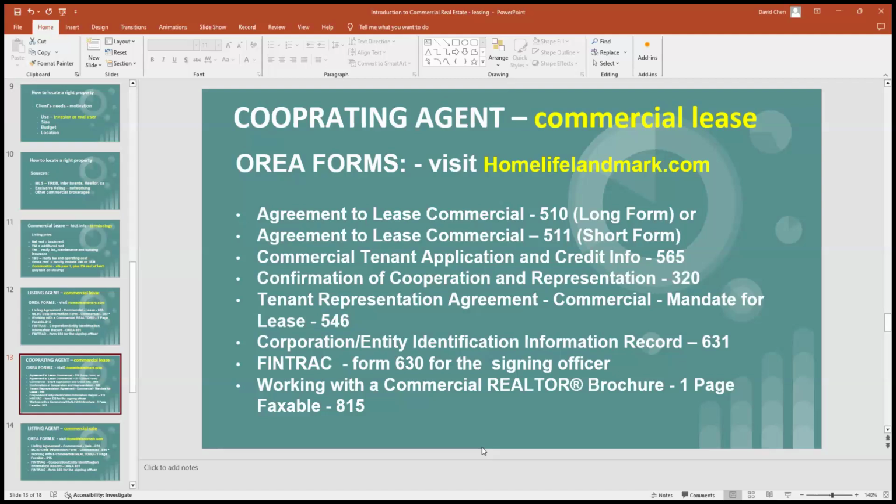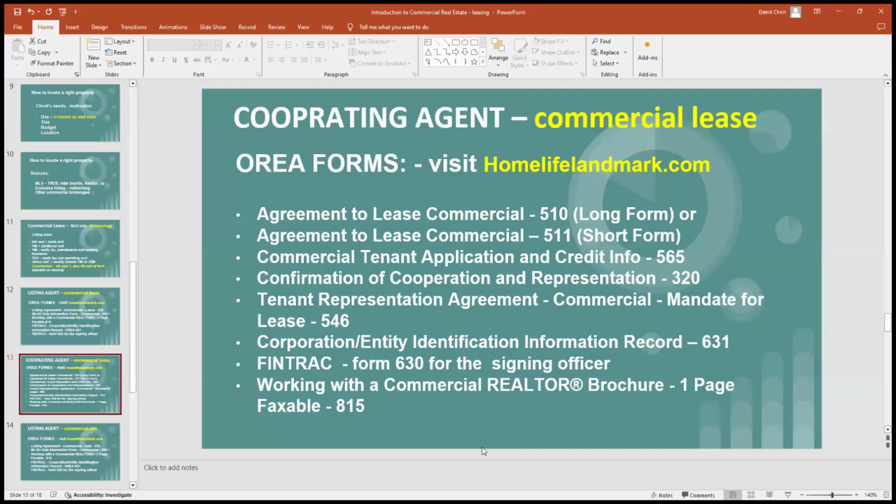The other one, if you're talking about gross rent, often people say, David, we want gross rent for 3 years, 5 years. So I suggest you use 511. That's the short form. The difference is the short form does not list every year's rental payment.